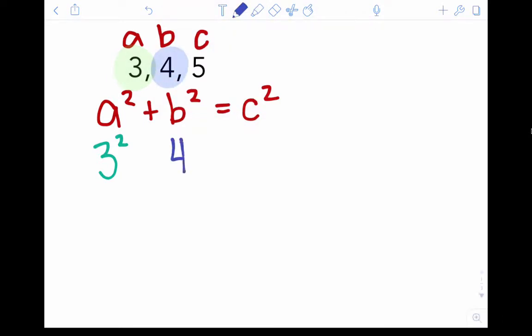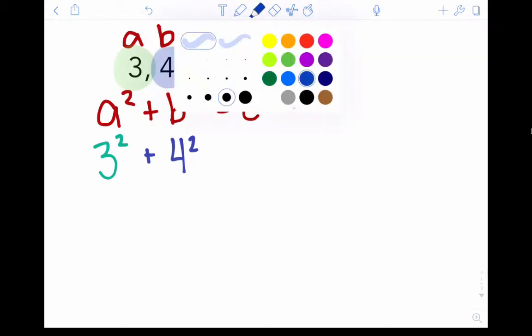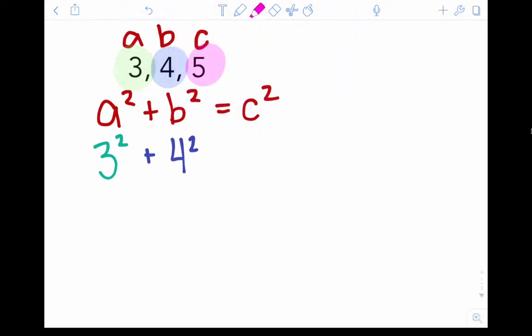So I have 4 squared right here, and I'm adding. And now finally, I'm going to take c and plug it in here. So my equation is 3 squared plus 4 squared equals 5 squared. And I need to see if this is equal.